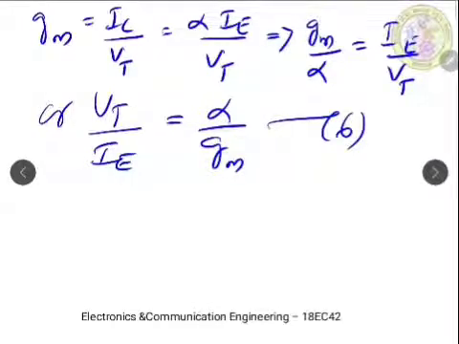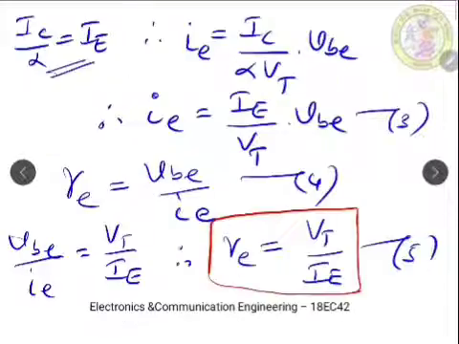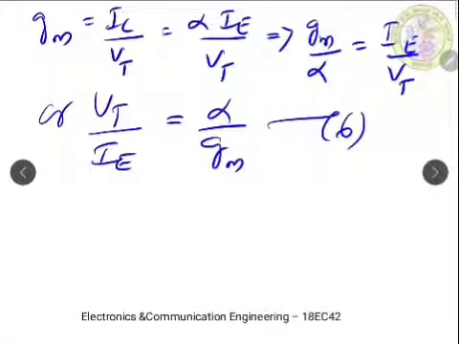Now we will substitute equation 6 in 5, because in 5 we have re equal to VT by IE, and in 6 we have come to know that this VT by IE ratio is equal to alpha by gm. So finally we get one more equation for re.